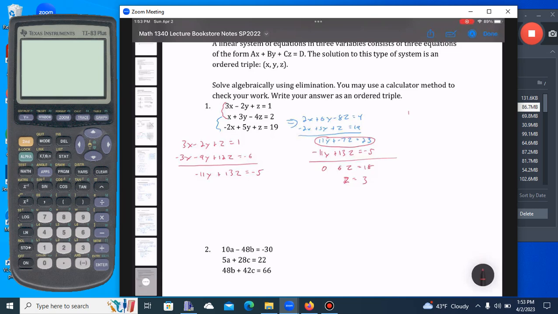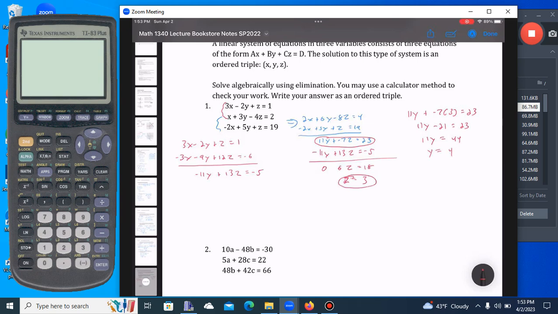So 11y plus negative 7 times 3 equals 23. So 11y minus 21 equals 23. 11y equals 44. So y equals, when you divide by 11, you get 4.